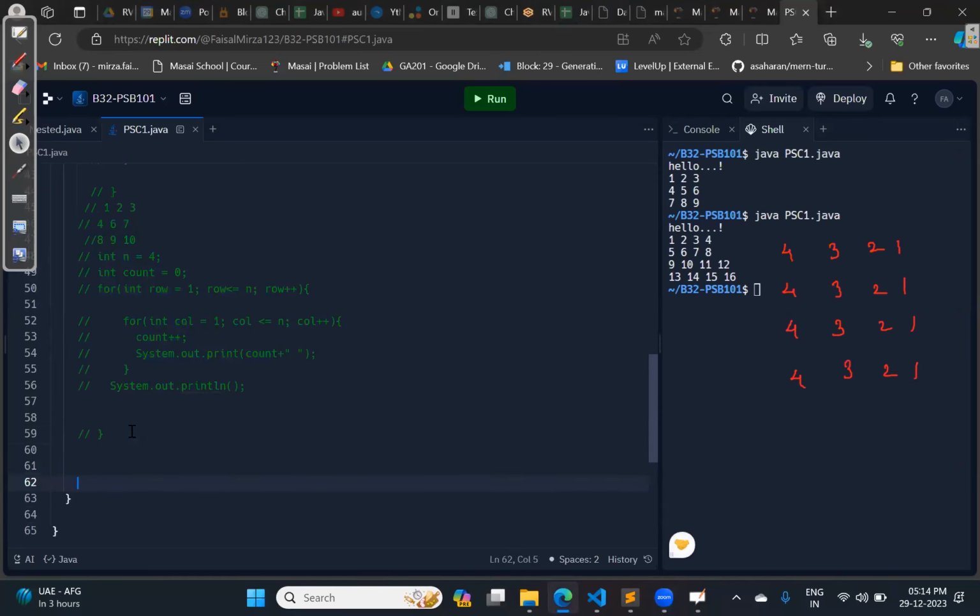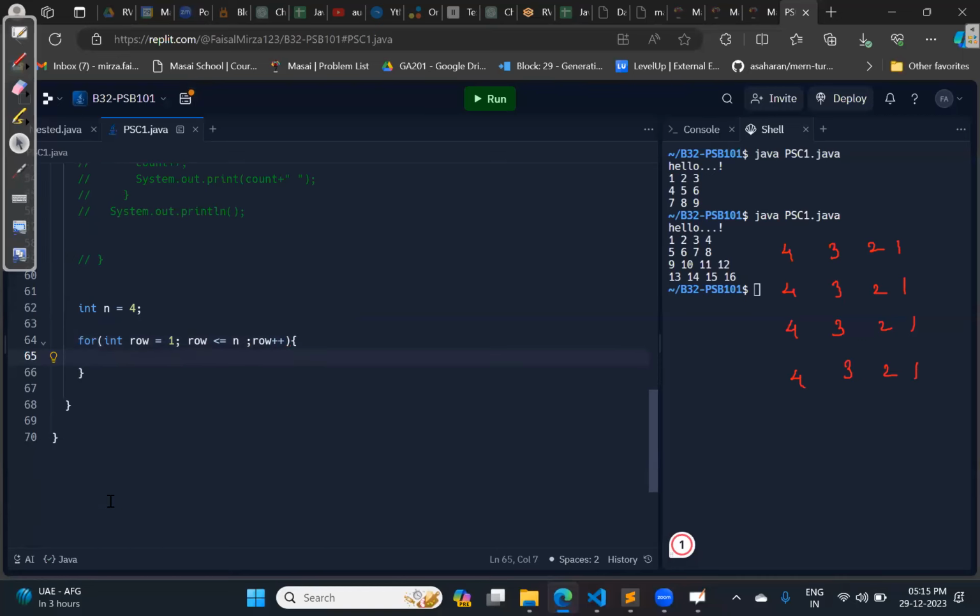Now tell me how we can do it. I'm taking n as 4 because 4 rows and 4 columns are there. We have to create one loop which is 1 to n, with the row variable: row is less than or equal to n, then row plus plus.